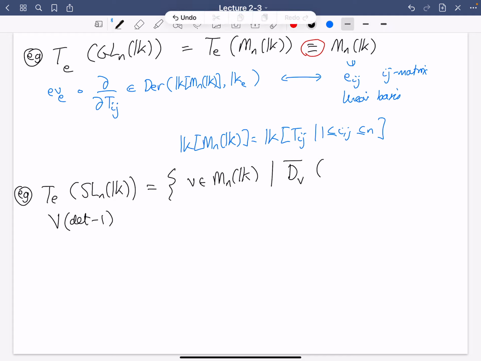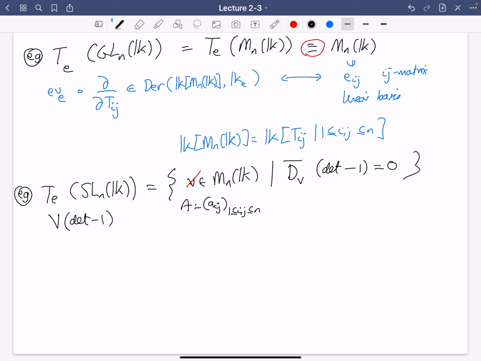So it's cut out by these equations, right? It's got to kill the polynomial that generates that ideal, determinant minus 1. I wrote v here, but really it's matrices, isn't it? A equals aij, 1 less or equal to ij less or equal to n. I shouldn't write v, it's just matrices.